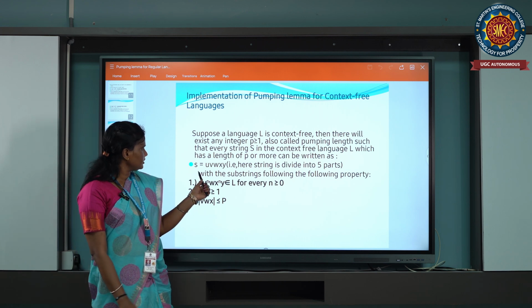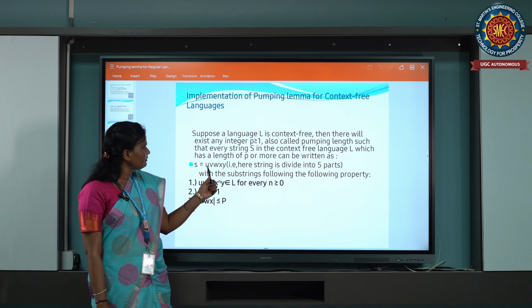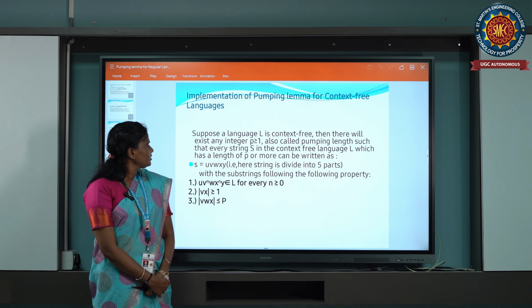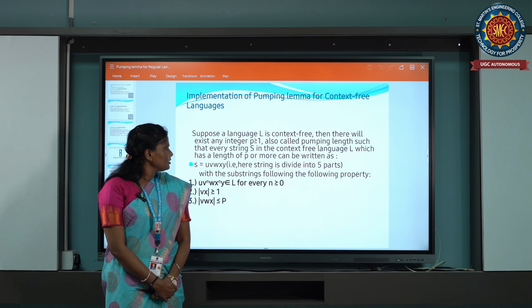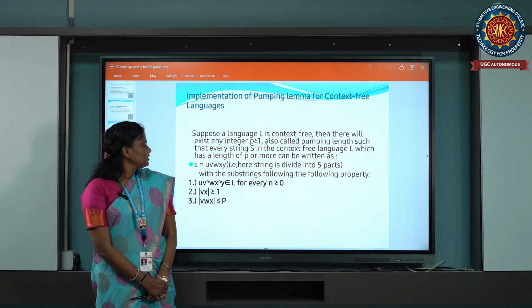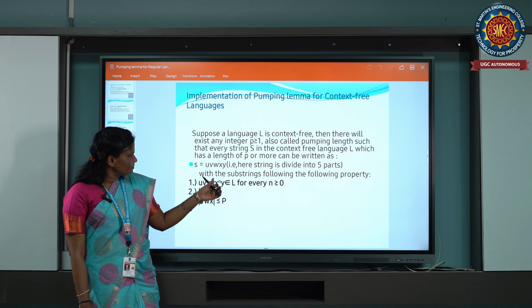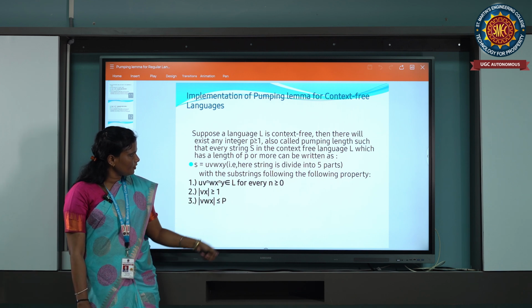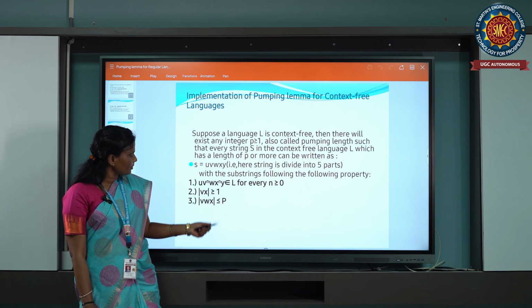That string should be divided into u, v, w, x, y. Here the string is divided into 5 parts. These substrings follow these 3 properties.